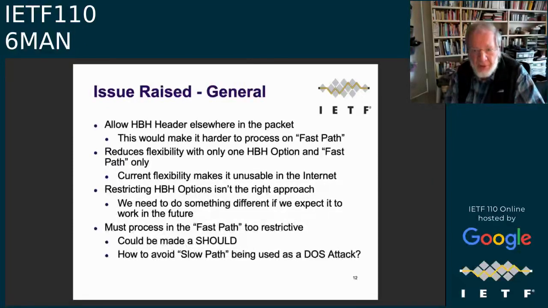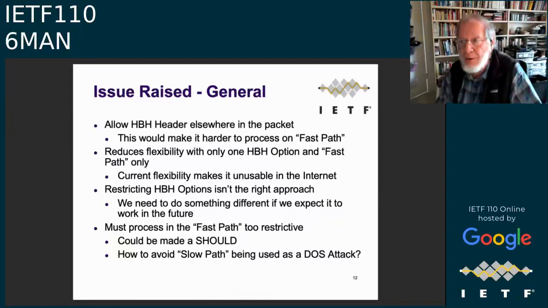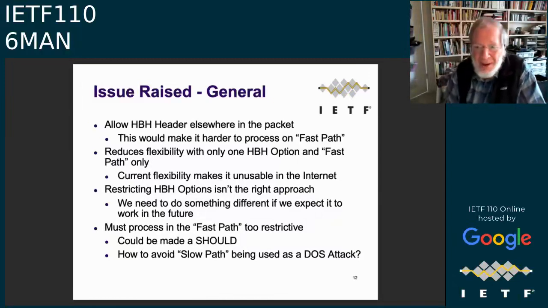So I'm going to attempt to go through the issues. These are issues largely raised on the mailing list, and then some other things that have come up in offline discussion. There might well be more, and this is loosely sorted in the order they were received.